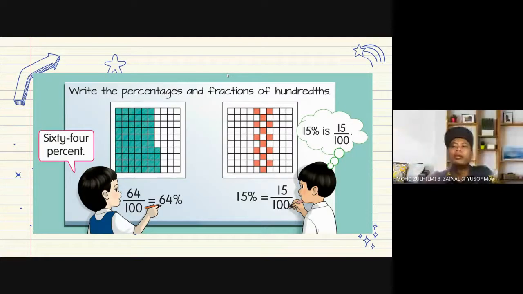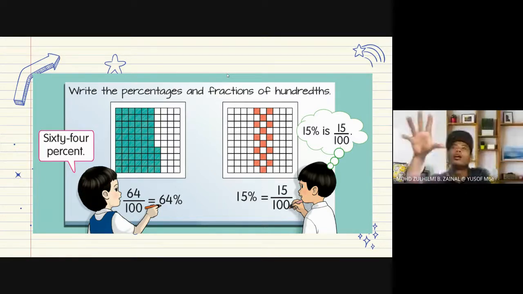Okay. And then you are given some of the topic also. There are also skills for you where you have to write the percentage and fractions of hundreds. You have to write. You have to convert.